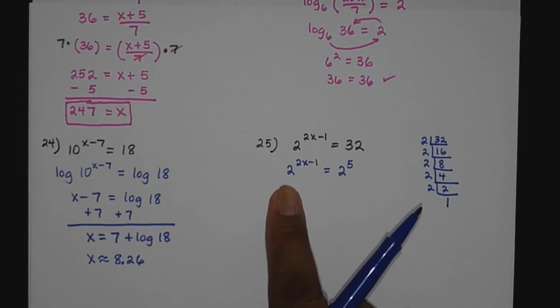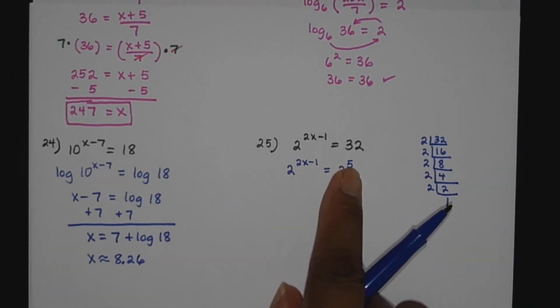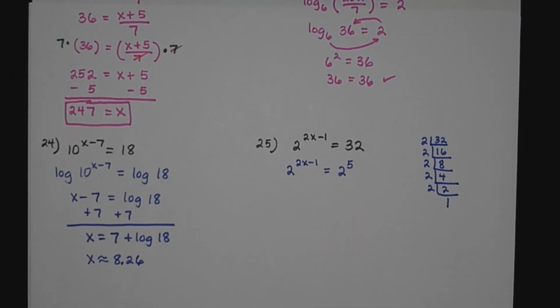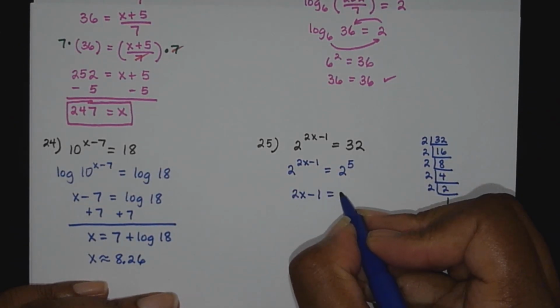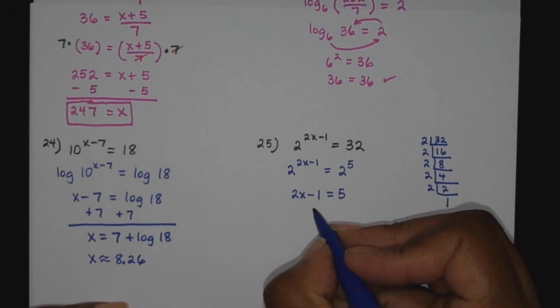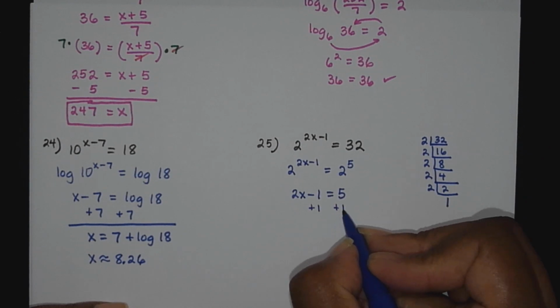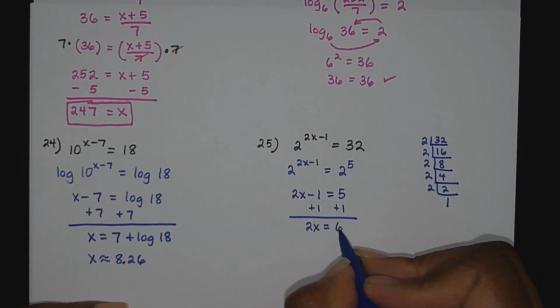Now, since my bases are the same, I can set this exponent equal to that exponent. So I can take that 2x minus 1, set that equal to 5, and then solve this equation for x, which means if I add 1 to both sides, that means 2x is equal to 6.